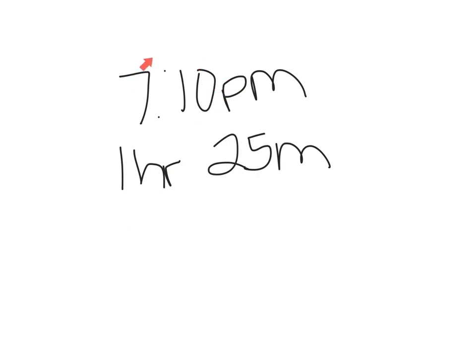So in this one, we're going to have to count backwards because 7:10 is when it arrived. So we want to be backwards from it. So we can set it up as kind of a math problem. And we can say 7 hours, 10 minutes, take away 1 hour, 25 minutes. The flight took 1 hour and 25 minutes.